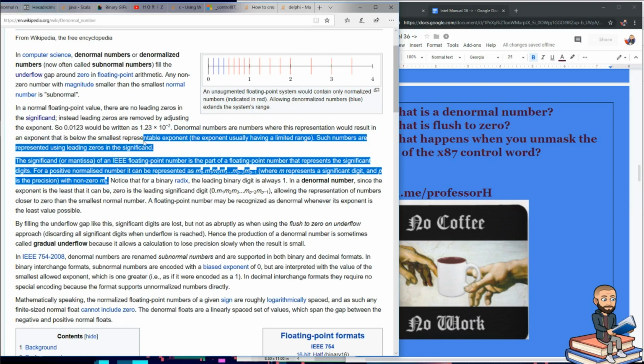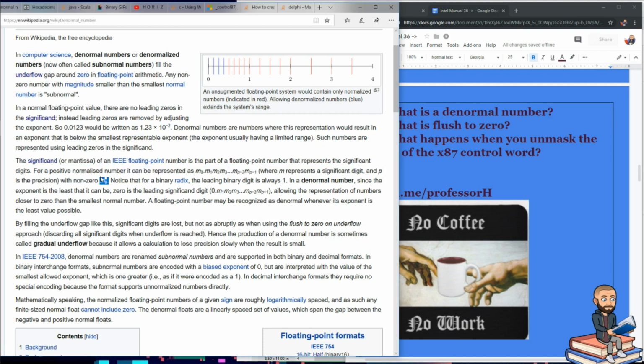Decimal, deca for 10, bi for 2. So notice that for a binary point, the leading binary digit is always 1. Now, in a denormal number, since the exponent is the least that it can be, 0 is the leading significant digit. That's a little mind-blowing right there.